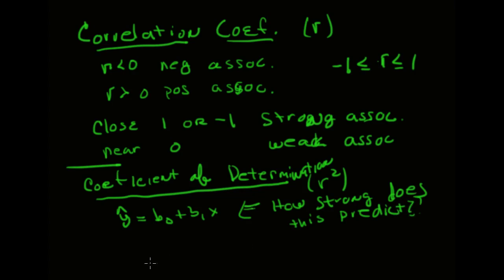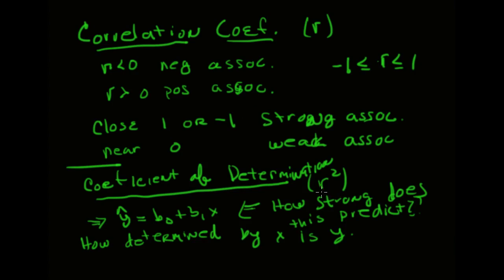Or in other words, how determined by x is y? When it's true, it is saying that y is strongly determined by x. If I take x and multiply it by a particular number and add another number to it, I'm going to get y. It's kind of like that, but then I get these residuals, right?